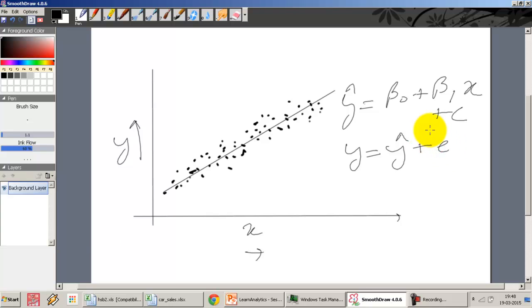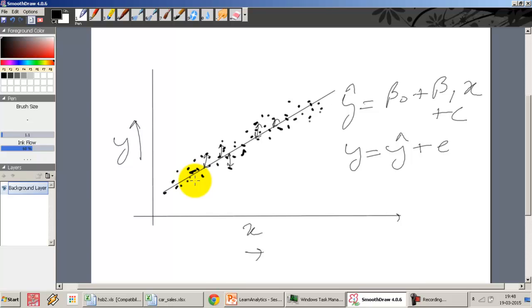Now in each case, the error term is the difference between the predicted value of y and the actual value of y, or the difference between the dots and this line of best fit. So for each of these points, it is the distance from the line in terms of only the y-axis. We are only looking at the y distance, not the x distance. So that becomes the error term that we have.